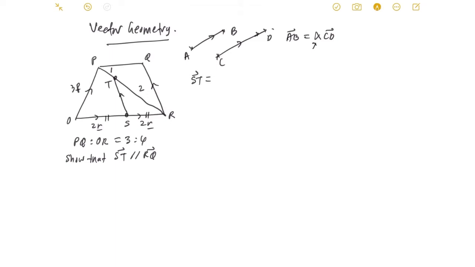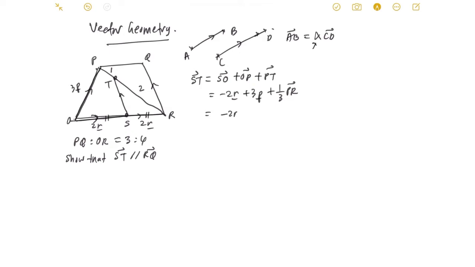First, I need to find vector ST. To go from S to T, I can go from S to O, O to P, P to T. SO is negative 2R. When you go against the direction of the vector, it's minus. Then OP is 3P, which follows the same direction, so it's positive. And PT is 1/3 of PR.